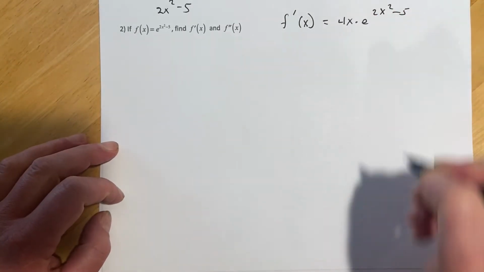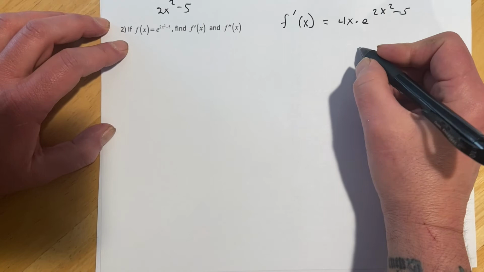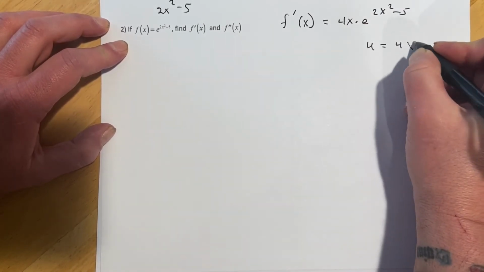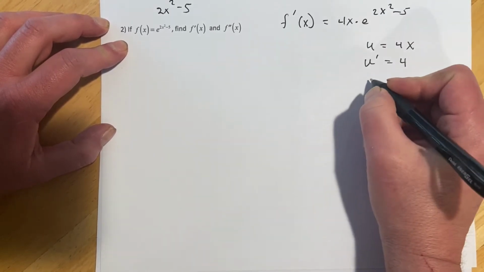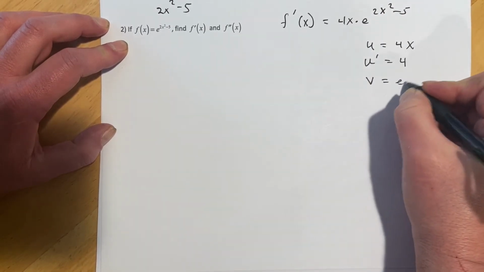So if you notice, our first derivative is now a product rule. So we'll do kind of a u and a v situation. So u is going to be the 4x, so u prime will be a 4. And then v is going to be this piece.